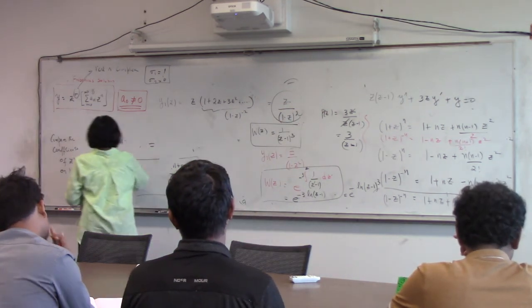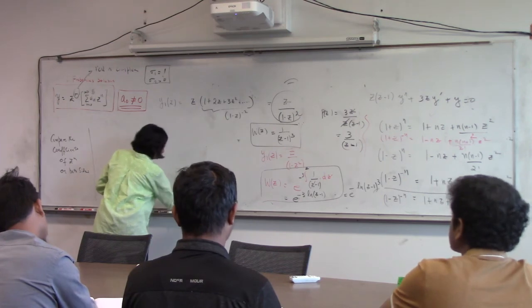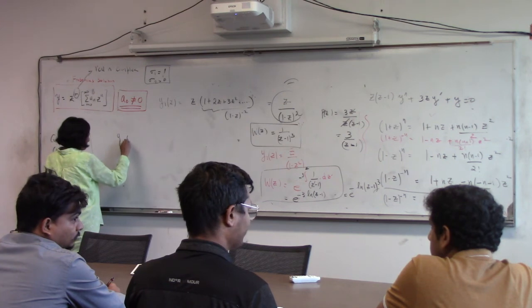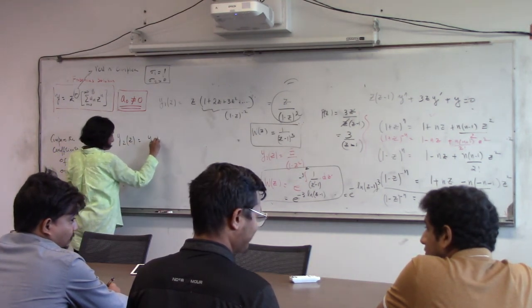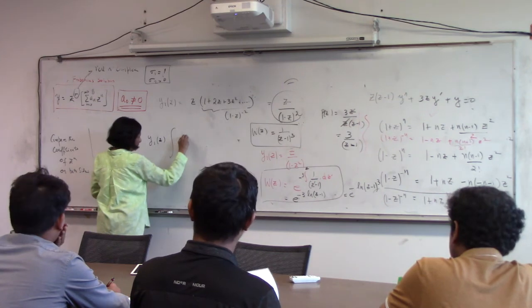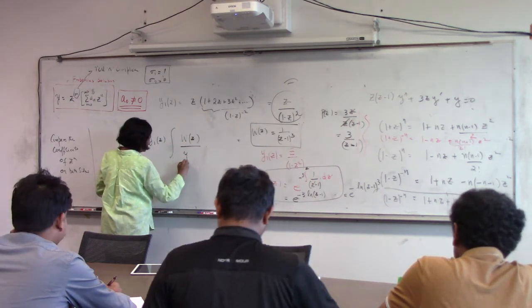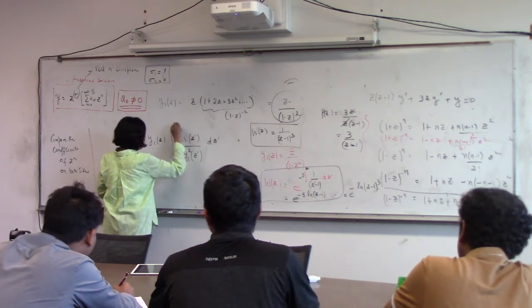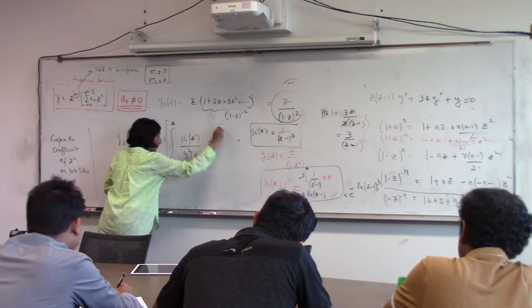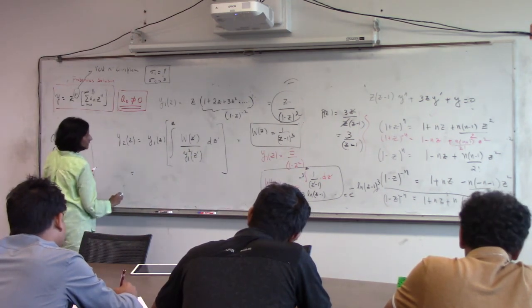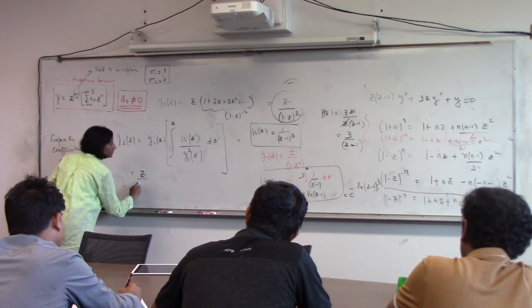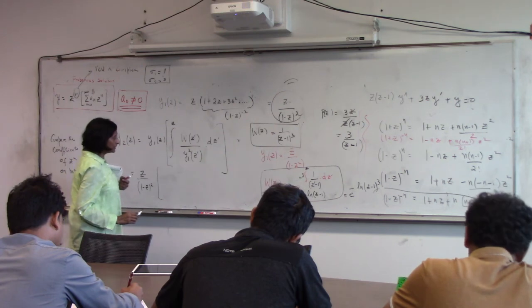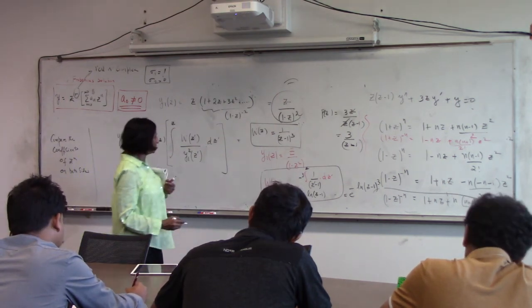We can calculate the second solution that we started with. So I have that as z over 1 minus z squared. And Wronskian is 1 over z minus 1 cubed.